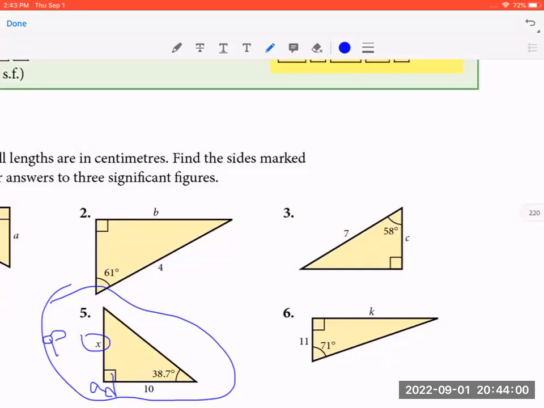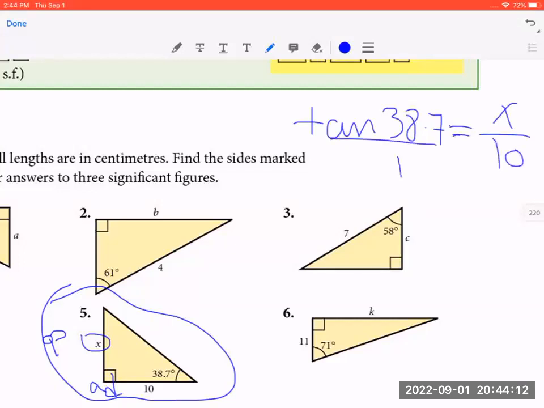It's tan. So tan 38.7 equals the opposite, which is x, over the adjacent, which is 10. Cross multiply. So x is equal to 10 tan 38.7.